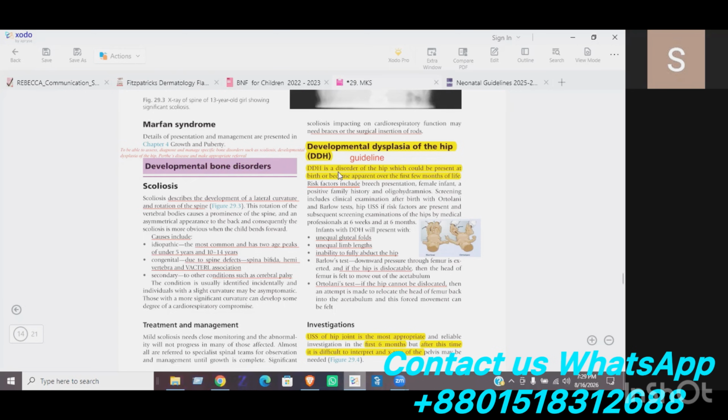DDH is a disorder of the hip which can be present at birth or become apparent in the first few months of life. It is commonly present at birth.